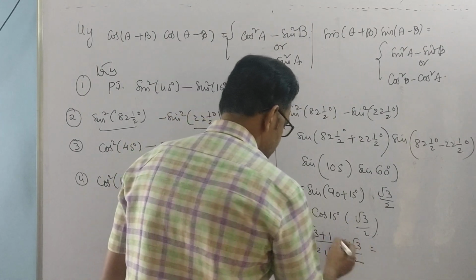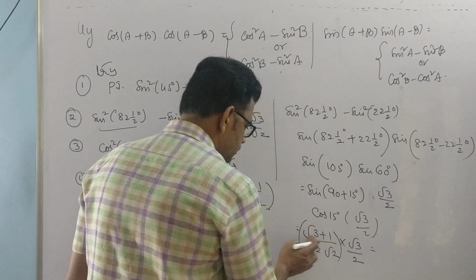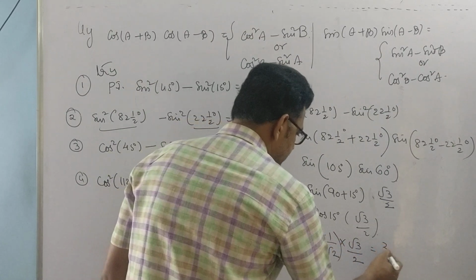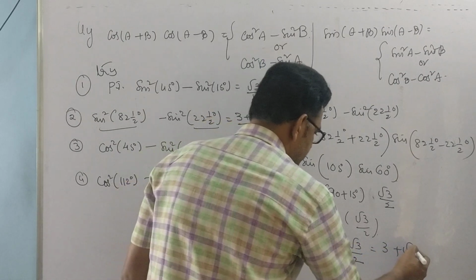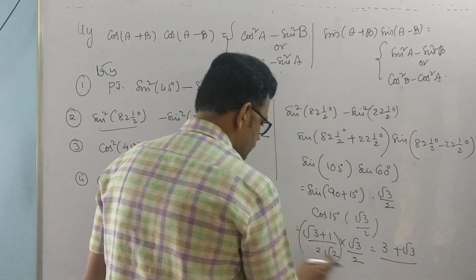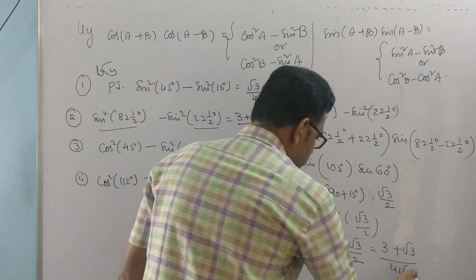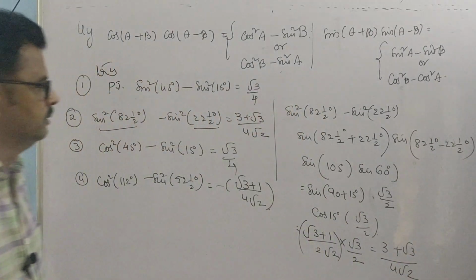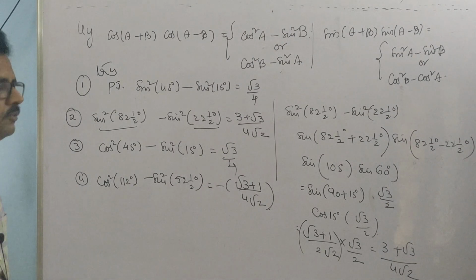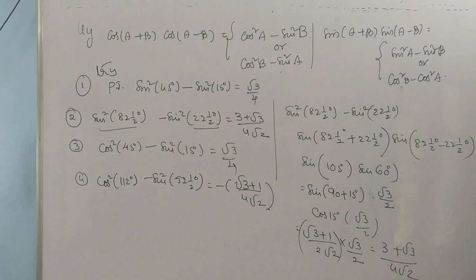If you multiply root 3 into root 3, that is 3, plus 1 into root 3 is root 3, over 4 root 2. Sin of a plus b into sin of a minus b, sin square a minus sin square b.